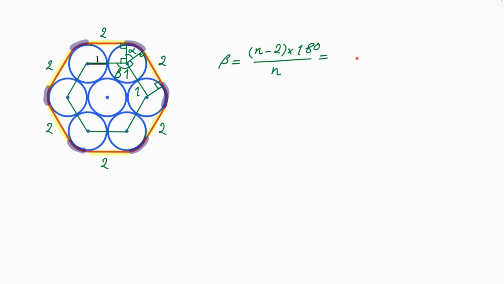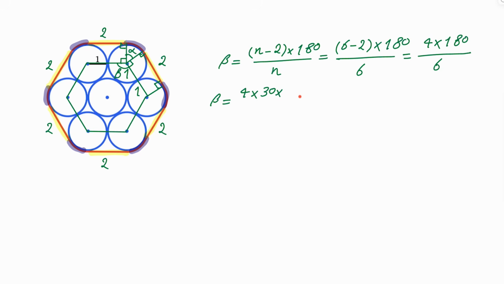If we put the number of sides, which is 6, we can write 6 minus 2 times 180 divided by 6, and you can write it as 4 times 180 divided by 6, and we have 4 times 30 times 6 divided by 6, and we can cancel out this 6, and we finally have 120 degrees. So the value for beta is 120.